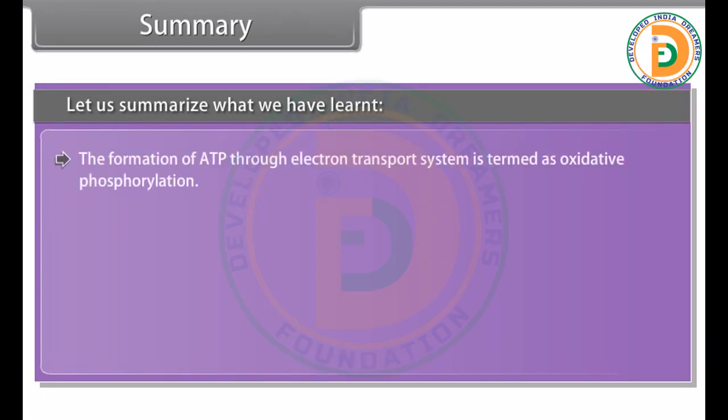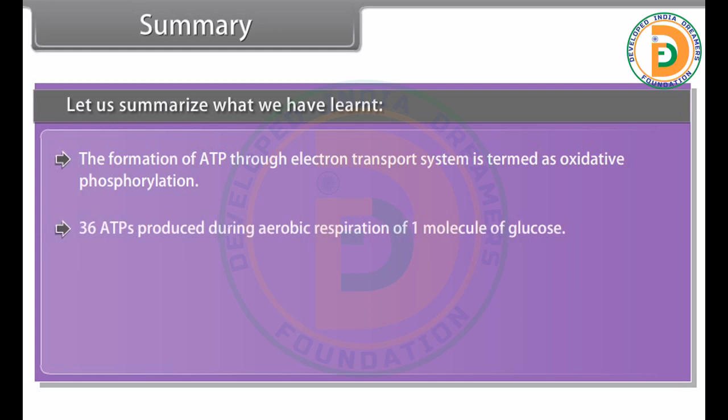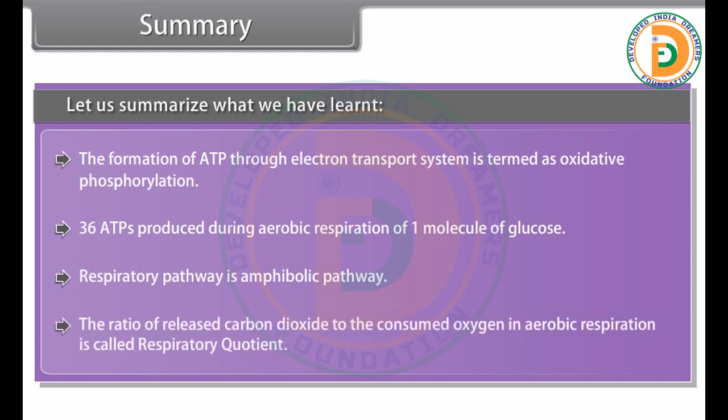The formation of ATP through the electron transport system is termed oxidative phosphorylation. 36 ATPs are produced during aerobic respiration of one molecule of glucose. The respiratory pathway is an amphibolic pathway. The ratio of released carbon dioxide to consumed oxygen in aerobic respiration is called the respiratory quotient.